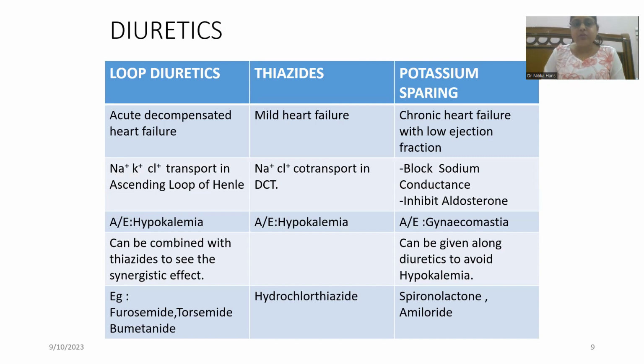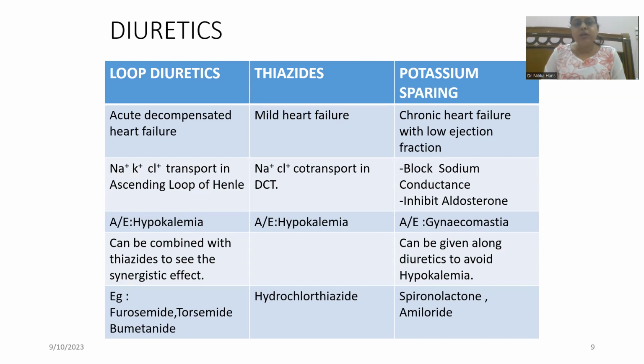The mechanism of action of loop diuretics is inhibition of sodium chloride, potassium chloride transport in the ascending loop of Henle. Thiazides inhibit sodium chloride co-transport in the distal convoluted tubule. And potassium-sparing diuretics inhibit aldosterone and block sodium conductance.